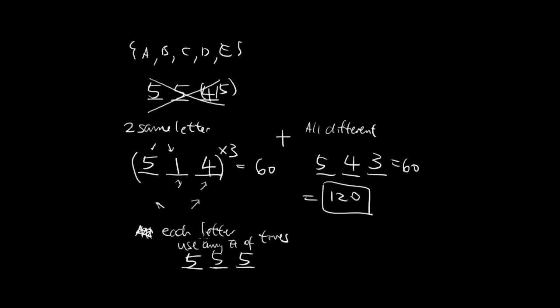But when each letter can be used any number of times, it violates part of what the question is asking for, which is each letter used at most twice. So we're going to subtract out all the ones that broke the rule. And the ones that break the rule are when they are all the same letter, 3 times.